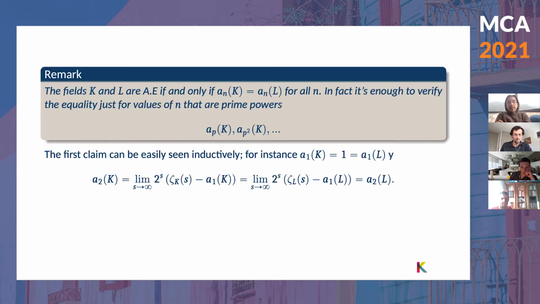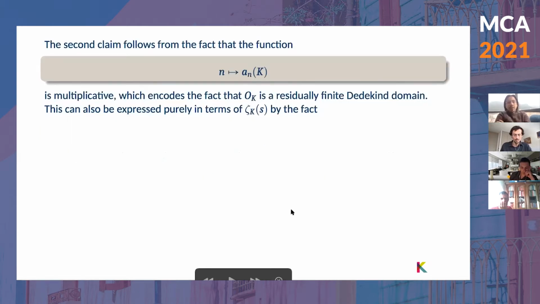Now, the fact that you only need to check the coefficients that are prime powers is just a restatement of the fact that the function that sends n to the number of ideals in the number field of norm n is a multiplicative function. That is an arithmetic fact about the number field, saying that the ring of integers is a residually finite Dedekind domain.